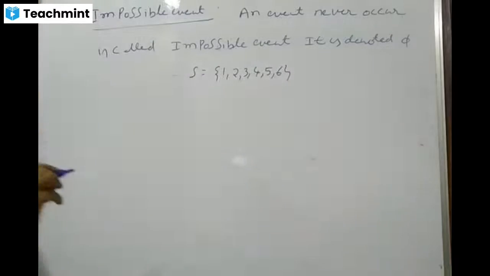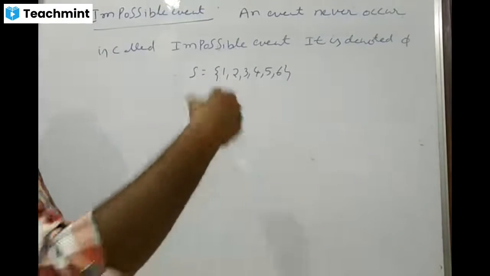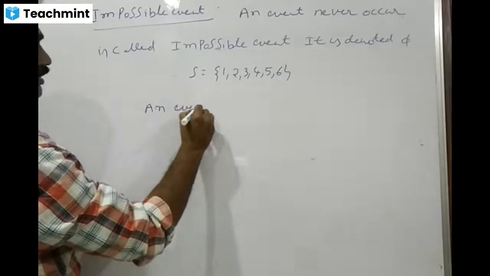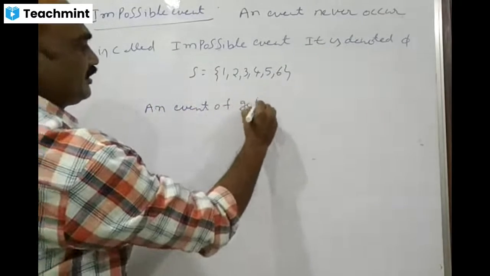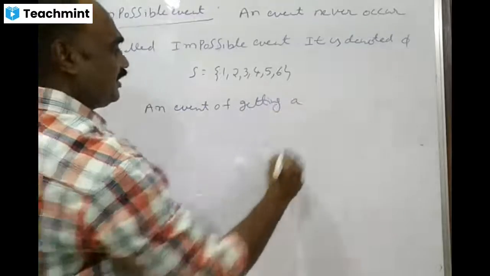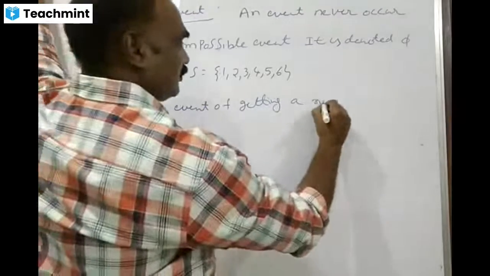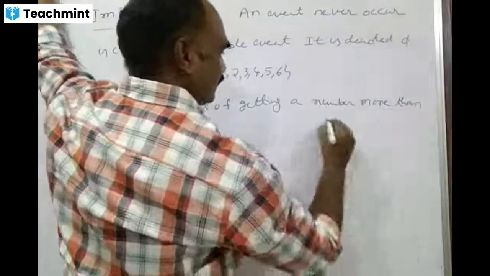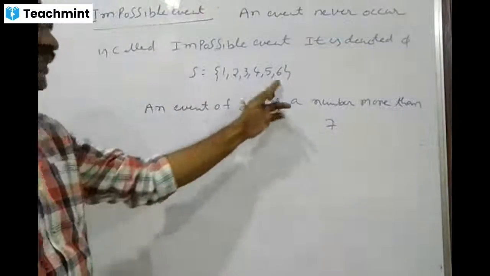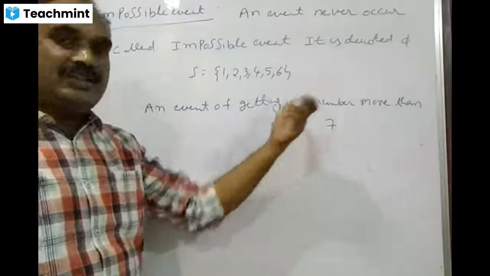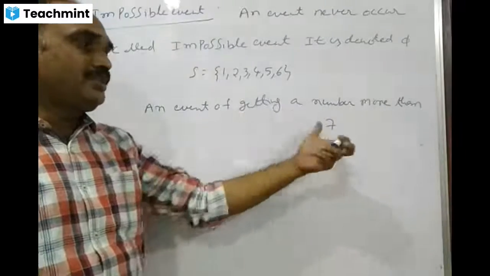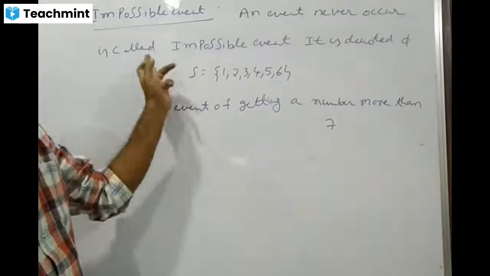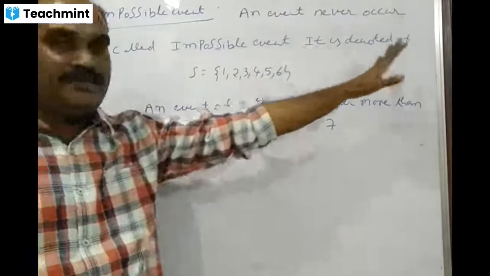So consider the event of getting a number more than 7. Here the maximum is only 6, so this is impossible. This is an example of an impossible event. An event that never occurs is called an impossible event. It is denoted by φ.